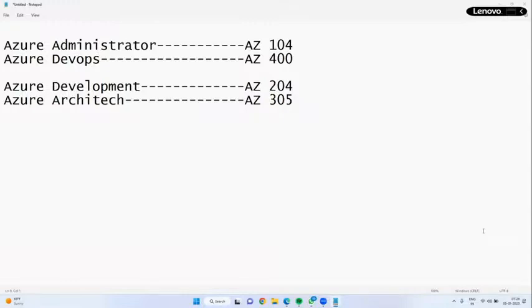Come again, your question, Ashok. Yes. Right now we are creating VMs, storage, networking, all this stuff manually in the Azure portal. By using Terraform, how can we do all of this networking?